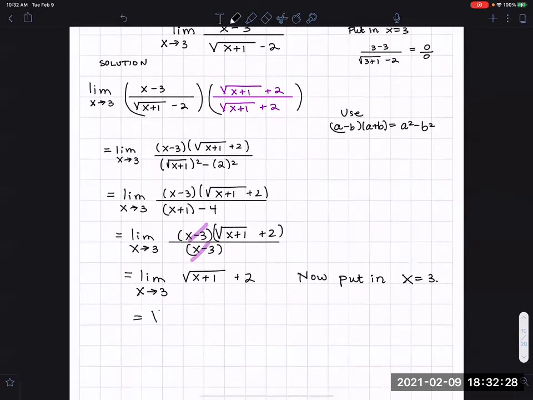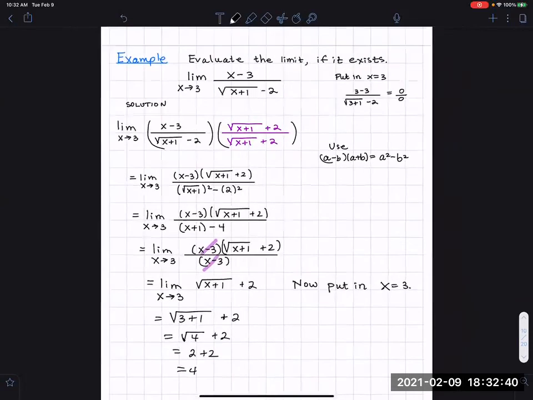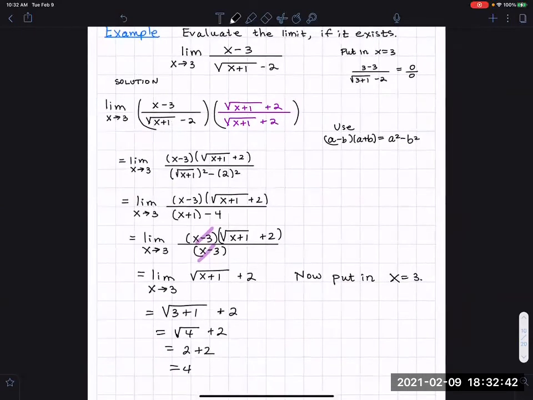I can directly substitute, because when I do that, I'm not dividing by 0. And there we go. The very end got a little bit messy.